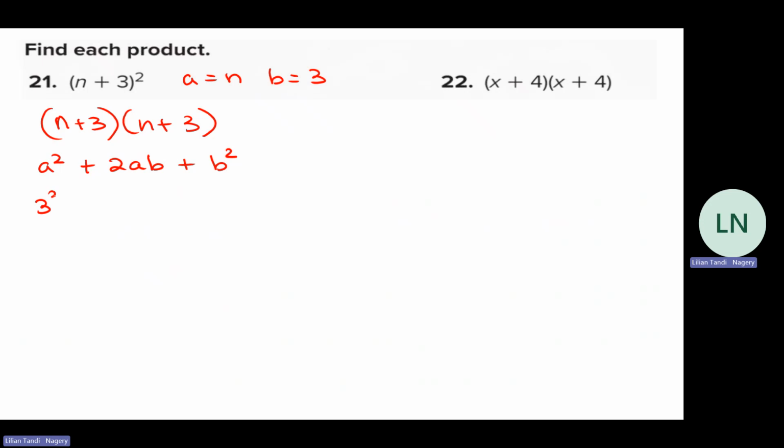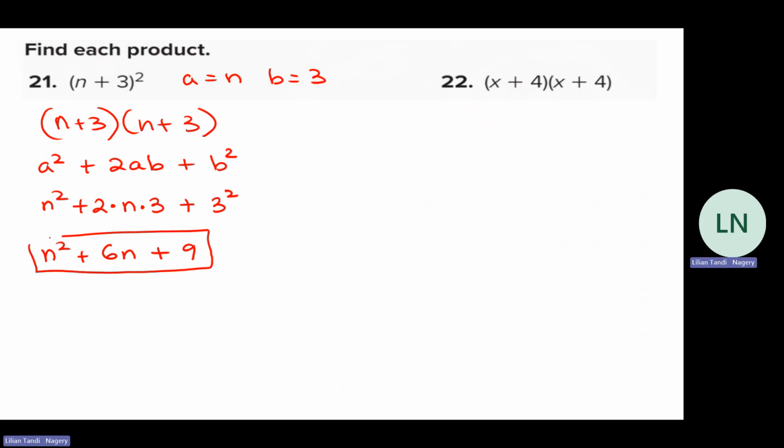So n squared plus 2 times n times 3 plus 3 squared, which is n squared plus 6n plus 9.